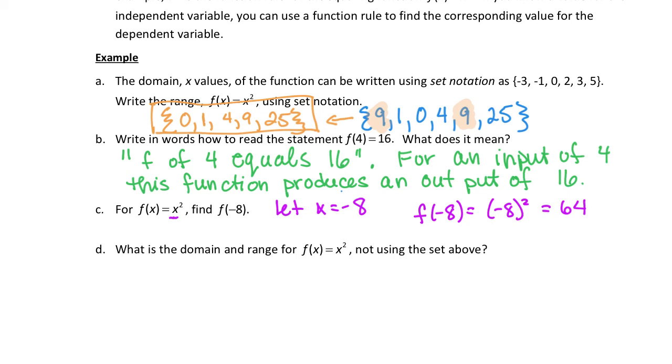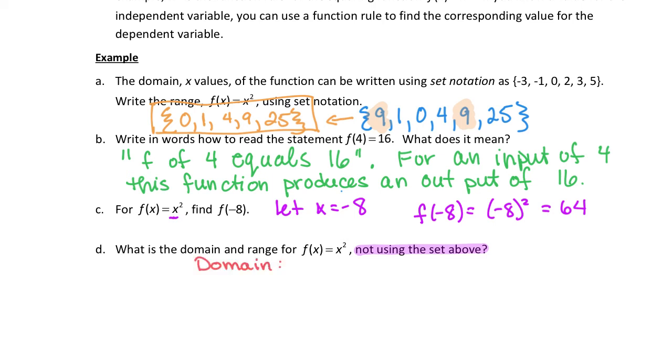All right, for D, I just wanted to be clear that we're not using the set that we had before, so that's all that means. But I want to know, what is the domain and range for f of x equals x squared? And here's how we write this. The domain, basically we're asking what numbers can I substitute and still get a valid answer.